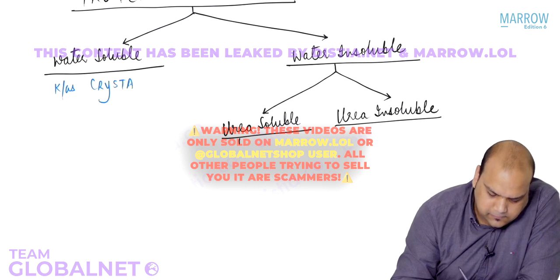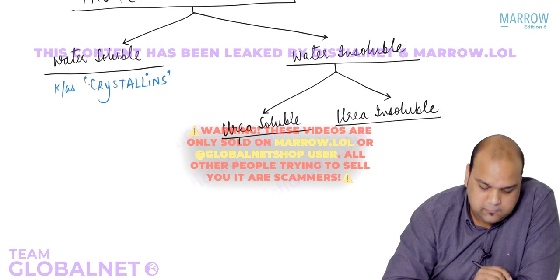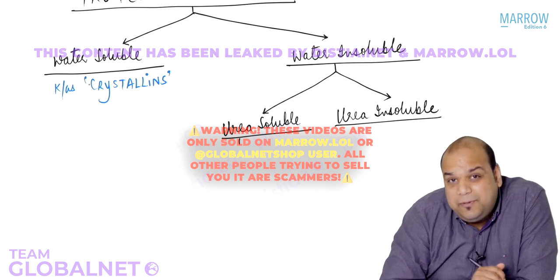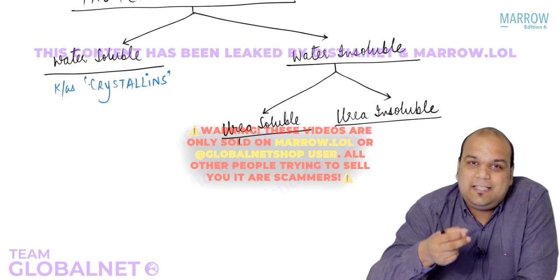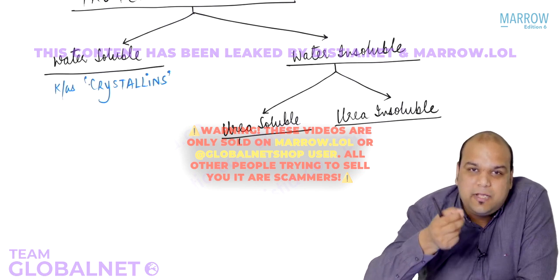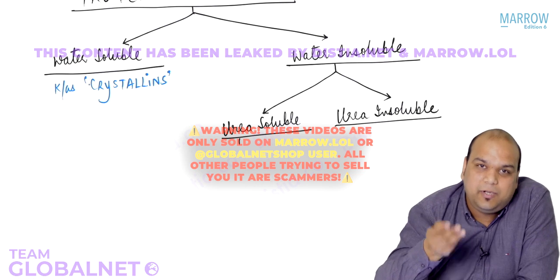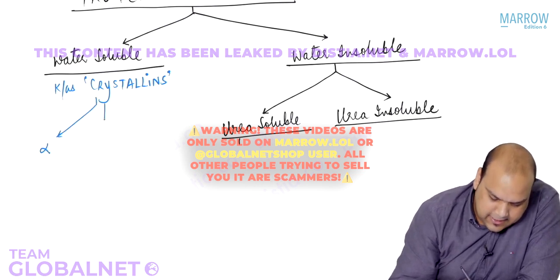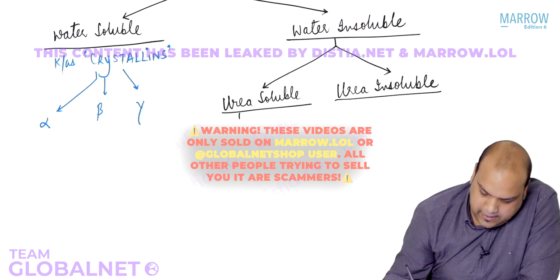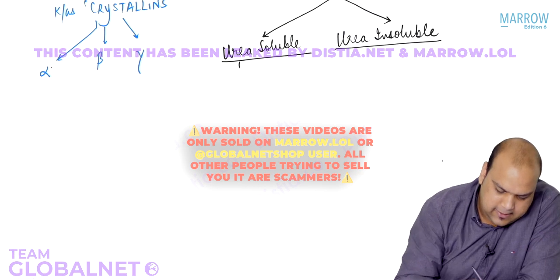Water soluble proteins are known as crystallins. That is why, if you remember everybody, we say that a phakic lens is known as normal crystalline lens. So phakia is called normal crystalline lens because our lens contains these crystalline proteins. Now, these crystallines are of three types: alpha crystalline, beta crystalline, or gamma crystalline.